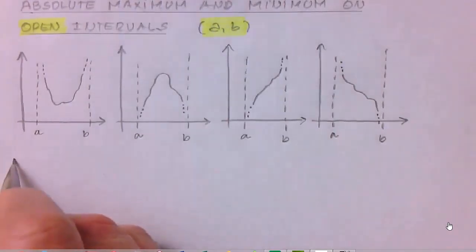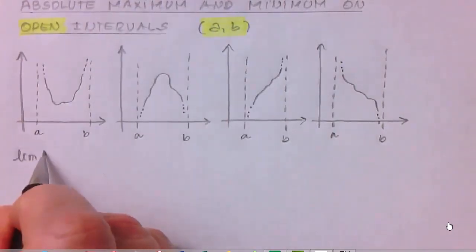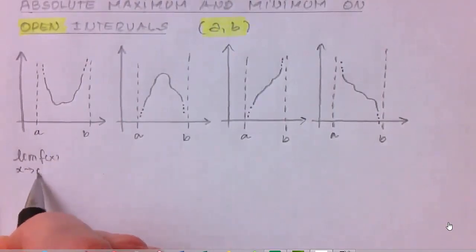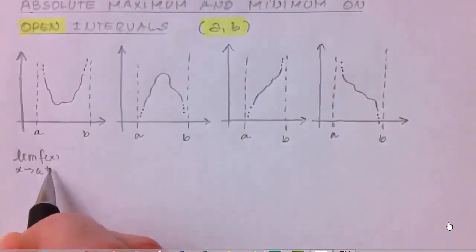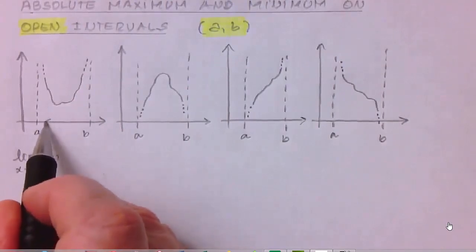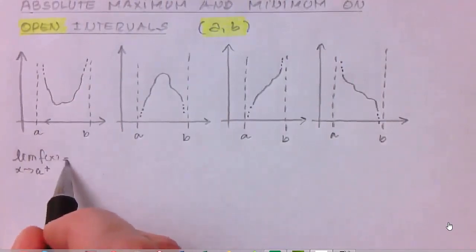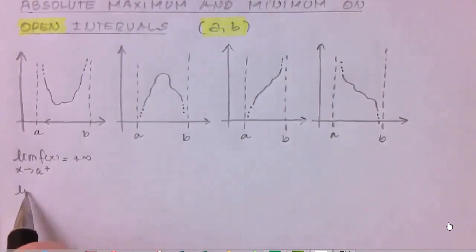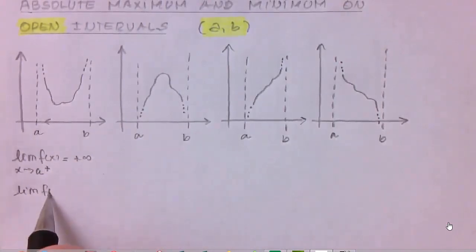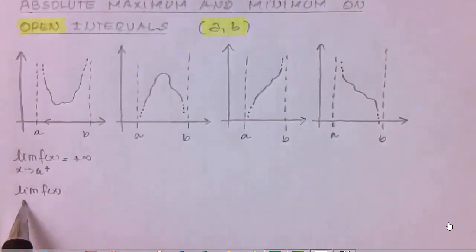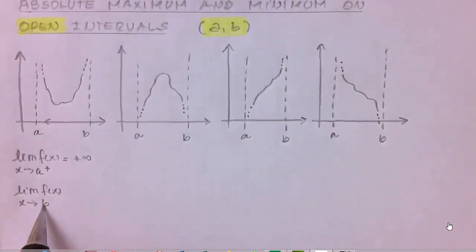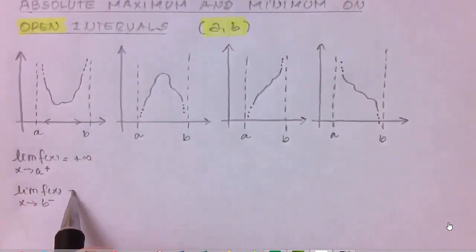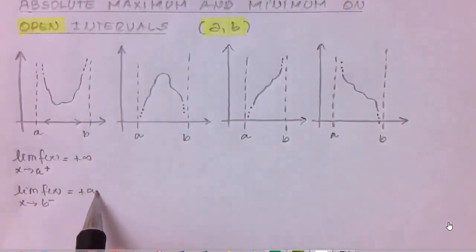If you find the limit of this function when x approaches a from the right, when x is coming this way, and we get plus infinity, and we evaluate the limit of the function when x approaches b from the left, when x is going this way, and we find that it is also plus infinity.